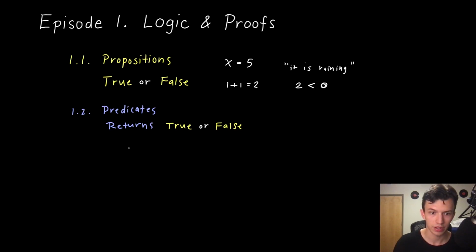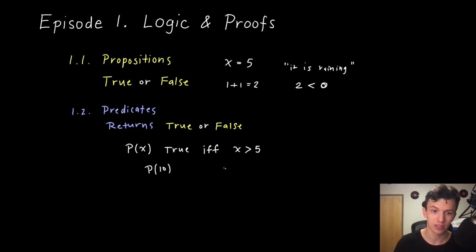Let's do P of X is true if X is greater than 5, okay? This is our example. So that defines the predicate P. Now I'm going to write down two different propositions.